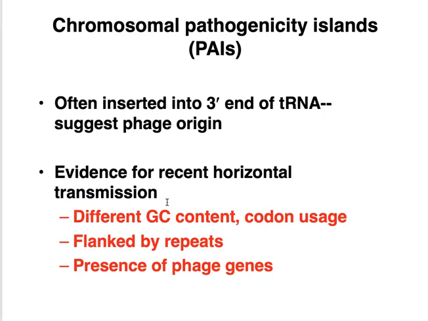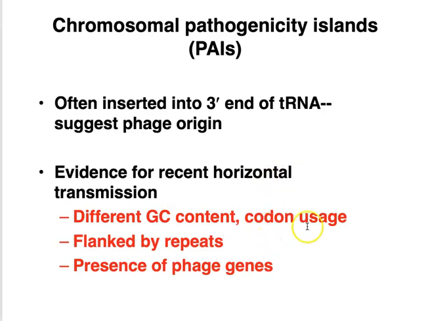Usually you'd want something like that if you're trying to live in a high heat environment or something where you don't want your DNA to be denatured as easily. But generally, there's a fairly consistent ratio of these things throughout the genome. But then if you run into a patch of DNA where the GC content is significantly different, you can surmise that it probably came there relatively recently and hadn't had a chance to quite smooth out and have the same GC content as the rest of the genome.